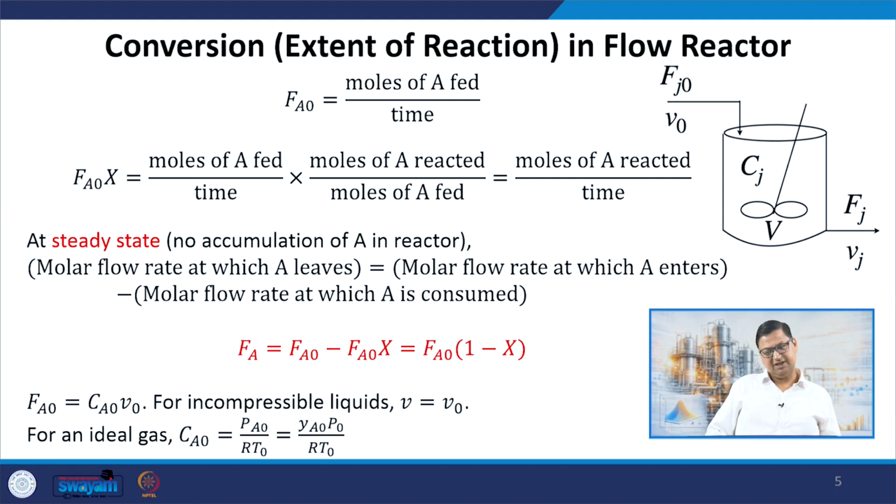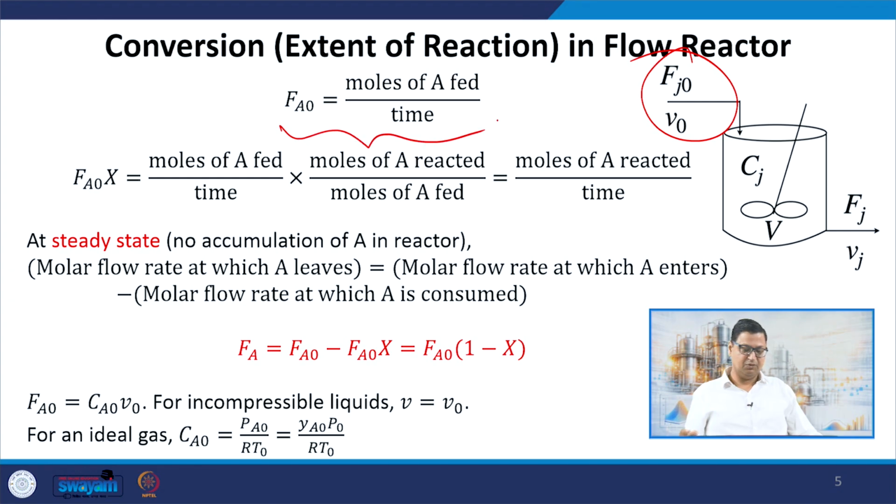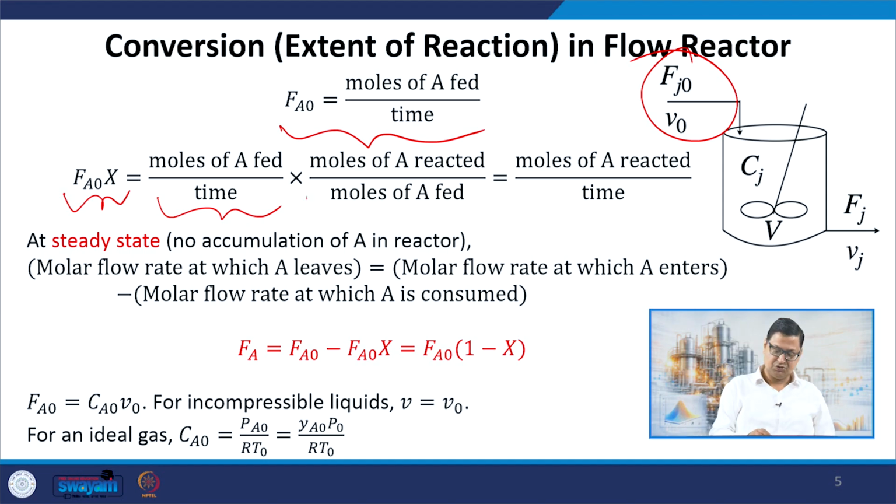Now, I can do the same thing for a flow reactor, where instead of Na naught I talk about Fa naught, that is the molar flow rate coming into the reactor, and Fa naught is the moles of A fed per unit time. But again, by the definition of conversion, Fa naught into x is Fa naught, that is moles of A fed per unit time, into the definition of conversion, that is moles of A reacted by moles of A fed, that gives me moles of A reacted per unit time, right.